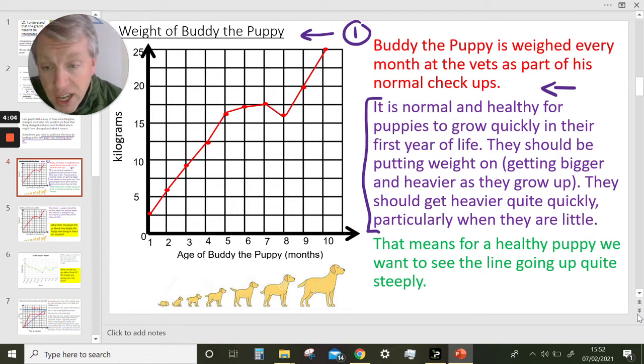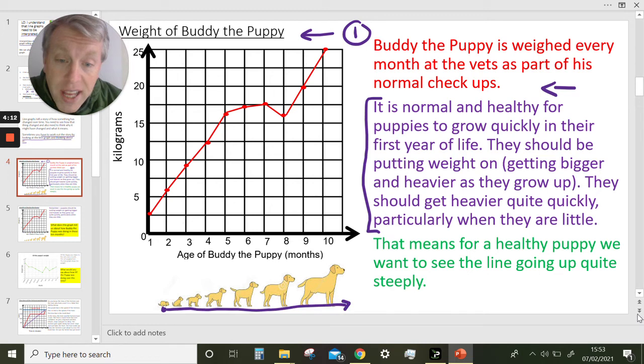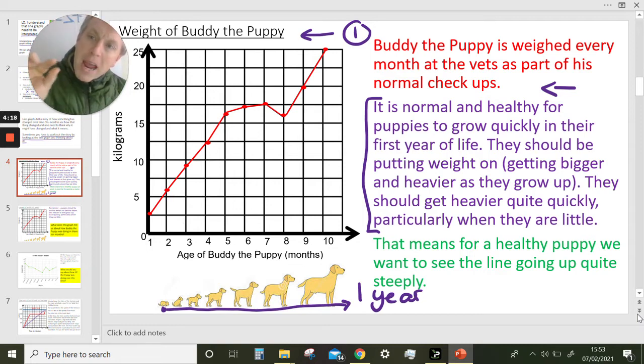And I've got a picture here that shows how a puppy can go from being born here, and by about 1 year, you've already got a dog that's maybe not completely full size, but already a good sized dog. It takes dogs maybe 1 year to grow into most of their size.